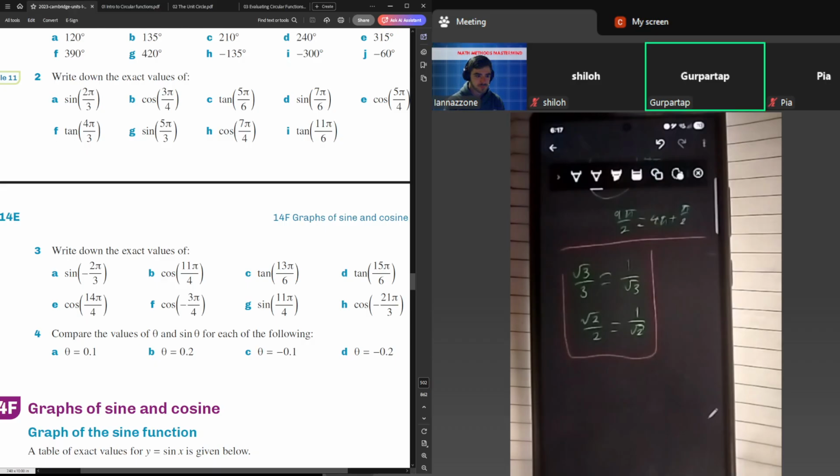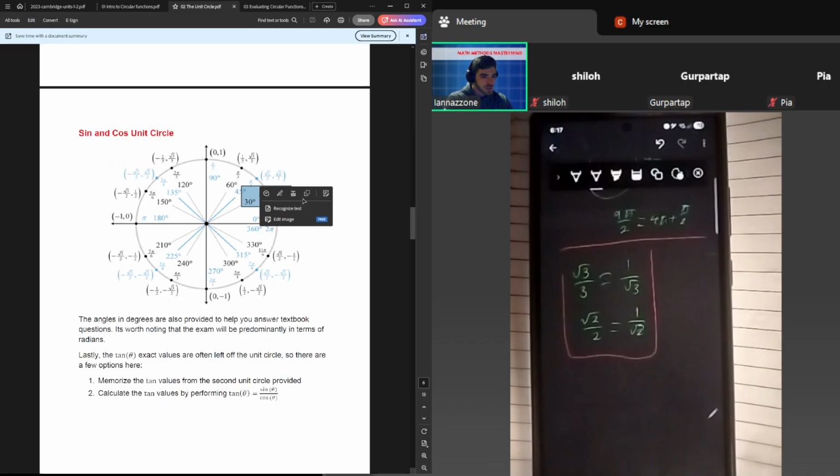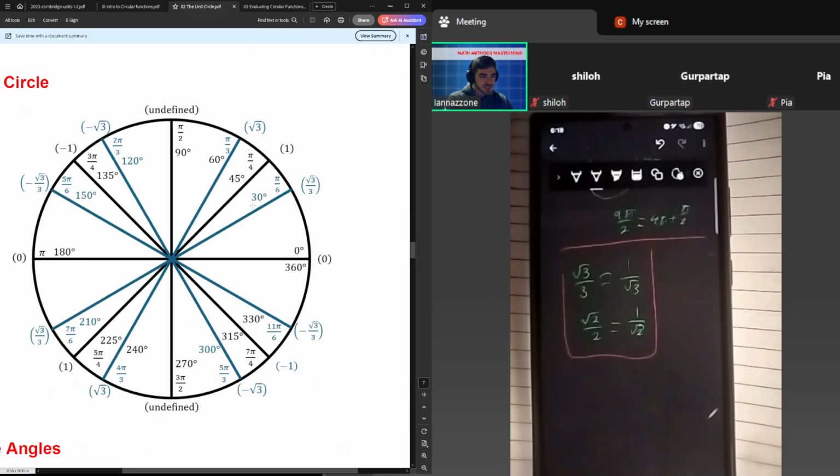Is it root 3 on 3? It is root 3 on 3. Yeah, correct. What spot on the unit circle did you get to for that? So I basically did 2 pi and pi over 6, and it was a positive, so I went to the right and just like 1 up. Absolutely. So you split that up into 2 pi, which means you start over here, and the remaining pi over 6 got you to this spot. And obviously that would have been on the tan unit circle. Or you did your division, one way or the other.